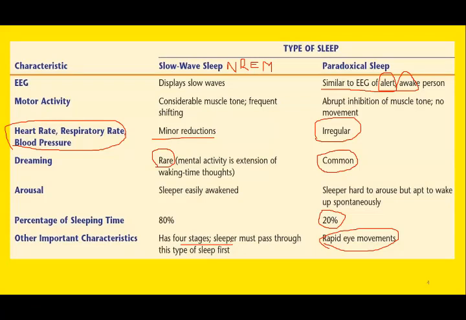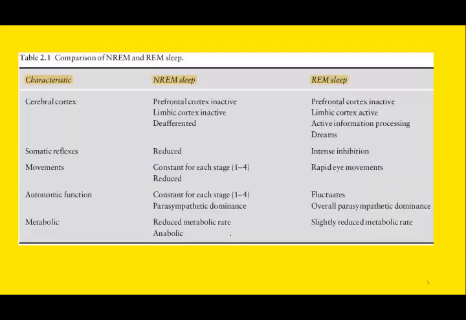Stage 1 and 2 are the light sleep, and stage 3 and 4 are the deep sleep or delta sleep. Again, these are the differences between the two types of sleep. We have discussed a few of the differences already.